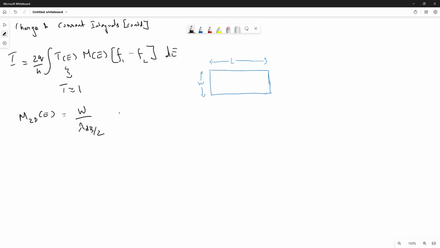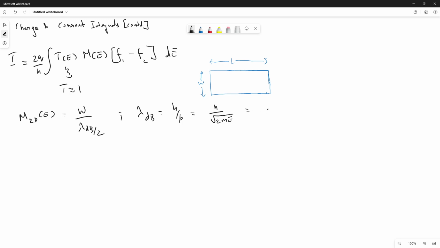Now, what is lambda de Broglie by 2? The de Broglie wavelength is, this is lambda dB, so this is h by p, and what is p? This is h by square root of 2mE.